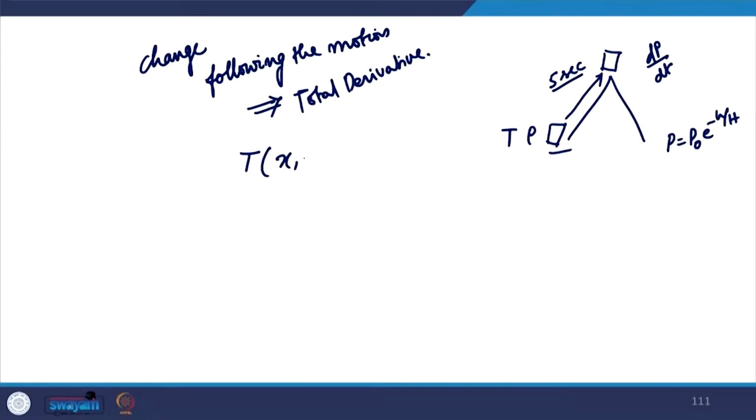Now, for example, let us take an example of temperature. Temperature is a function of position x, y, z and also the time. It starts from one point, and after an interval of time, its position is something else. So, the temperature refers to a point of observation. Where is the point of observation? The point of observation is the air parcel.